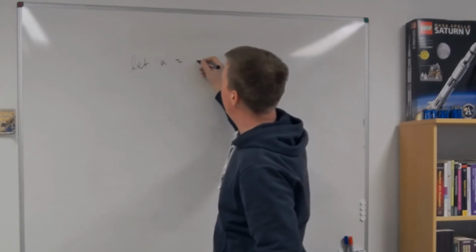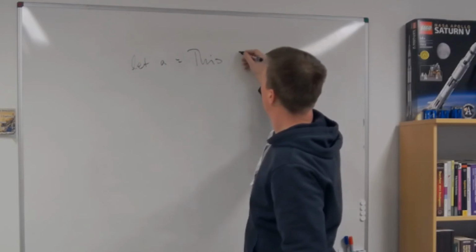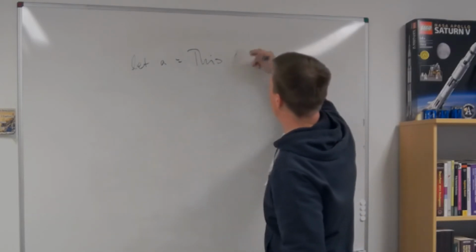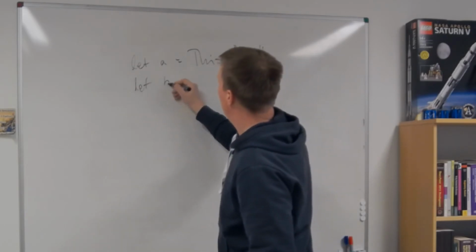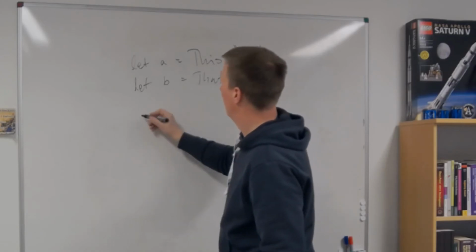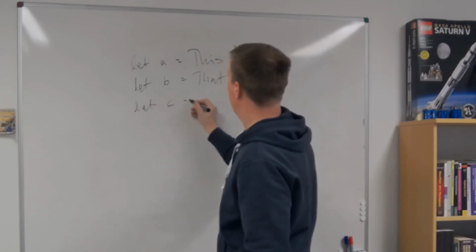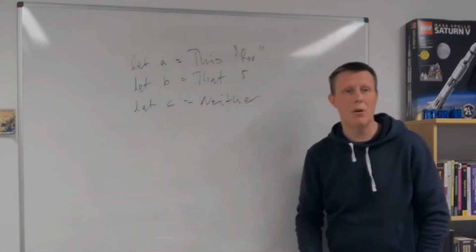So I say let A equals, and then I can say this 5. Oh, sorry, this was a string. This foo. I can say let B is a that 5. Let C is neither. This is real F# code.